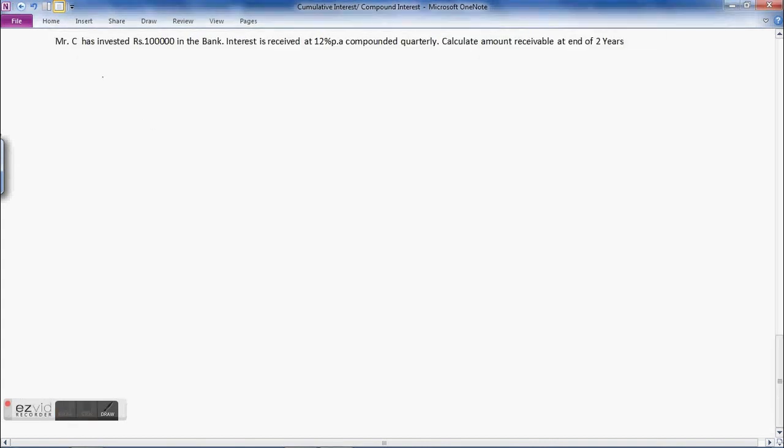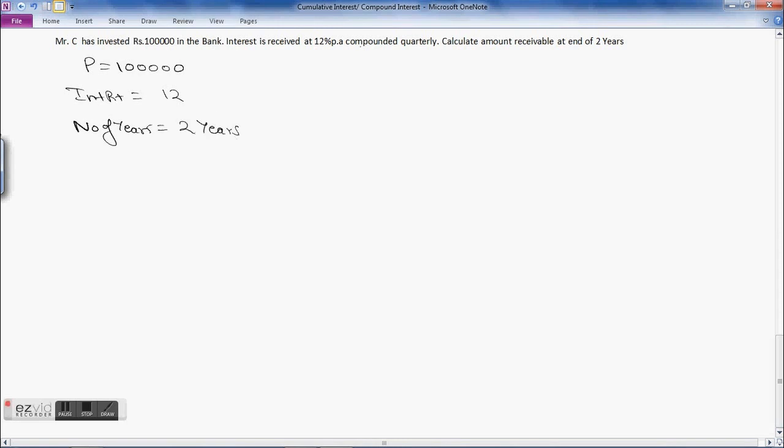So now let's apply the formula here. First let us understand how much is P. 1 lakh rupees. Then interest rate is 12%, correct? Then what is N, number of years? Is 2.